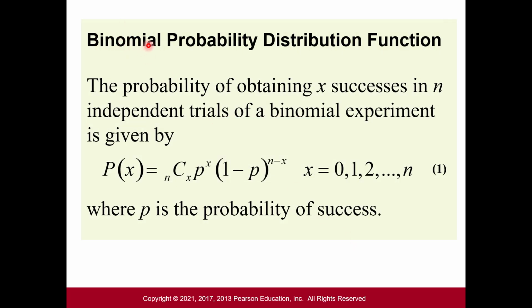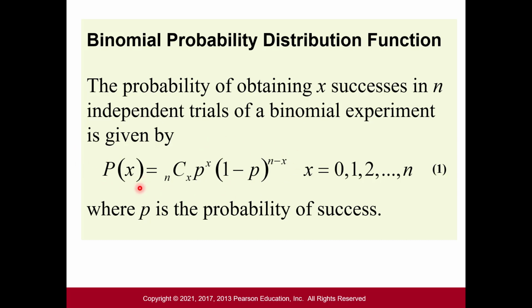All right, so the binomial probability distribution function. This is a new kind of formula that we're going to learn. The probability of obtaining x successes in n independent trials. So we're doing a trial n times, and x is the number of successes. If the experiment is binomial, then this probability is found using this calculation right here.